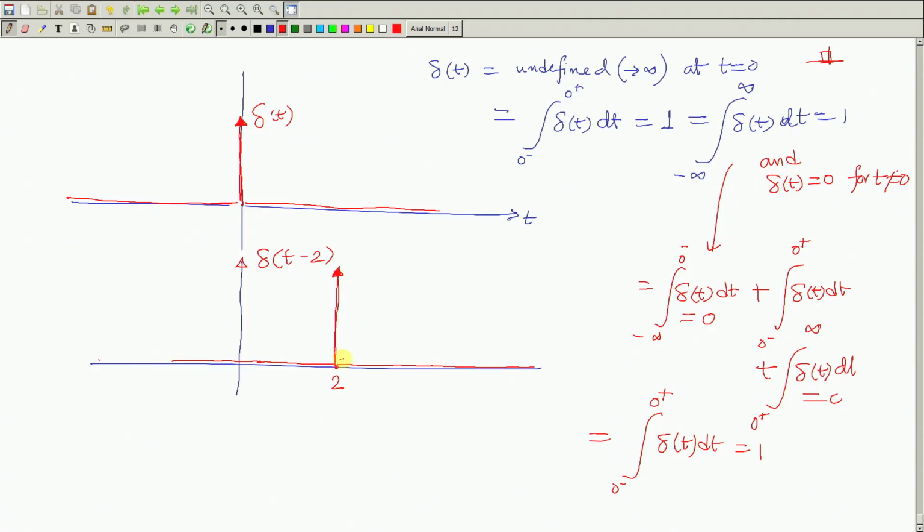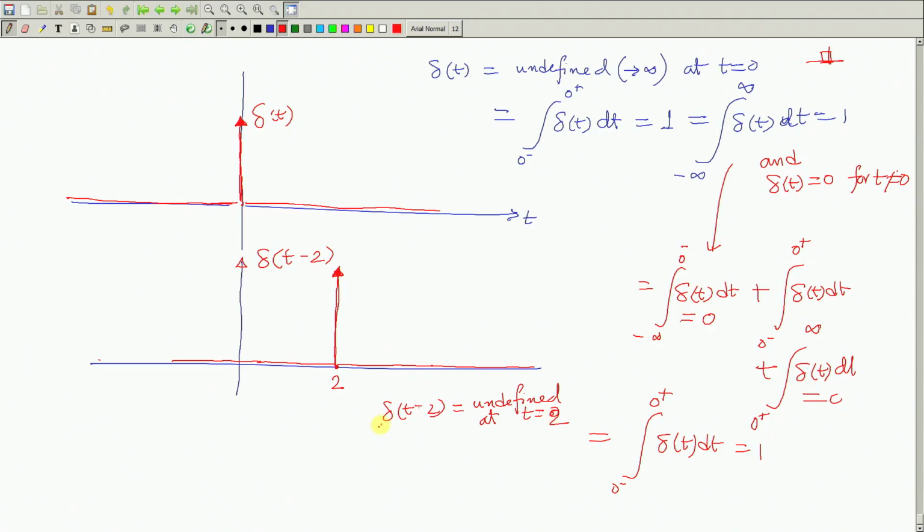So, how do I describe this function? I will say delta(t minus 2) is undefined at t equal to 2. At t equal to 2 undefined, infinite, same impulse, but occurring at t equal to 2.